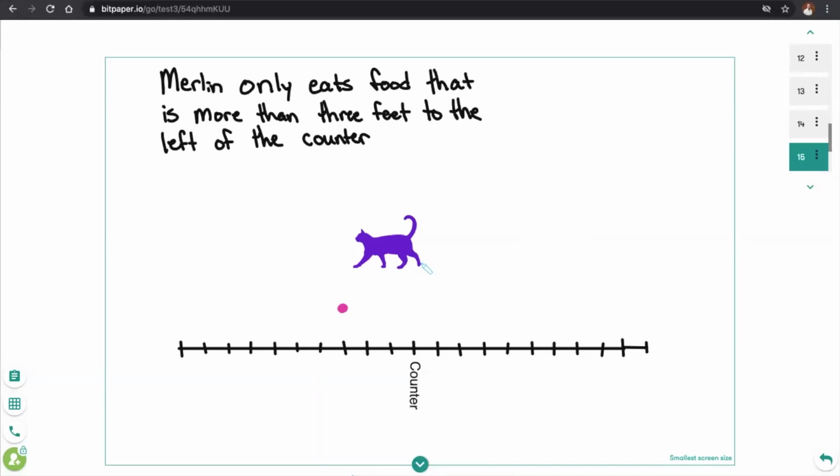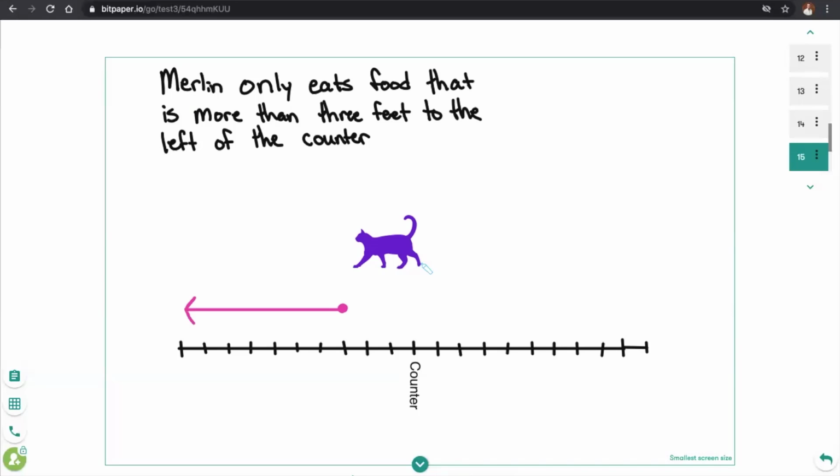Well, we also know that it has to be more than 3 feet to the left of the counter. So our line is going to be pointing this direction. We've got an arrow there saying that anywhere more than 3 feet to the left of the counter can be where Merlin's food is. But it has to be more than 3 feet. We can't have it exactly 3 feet.